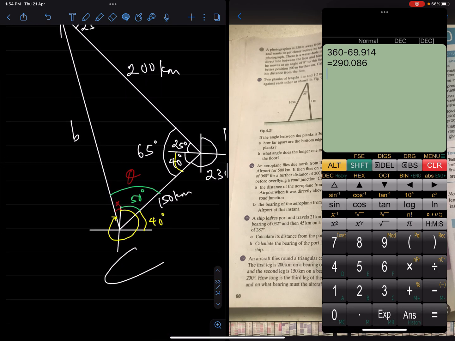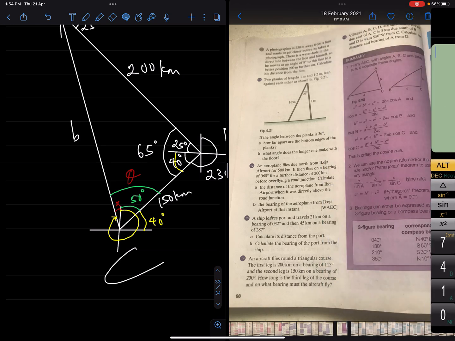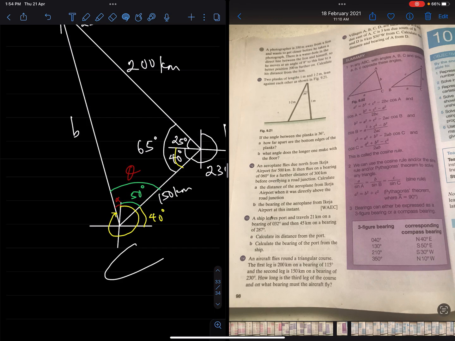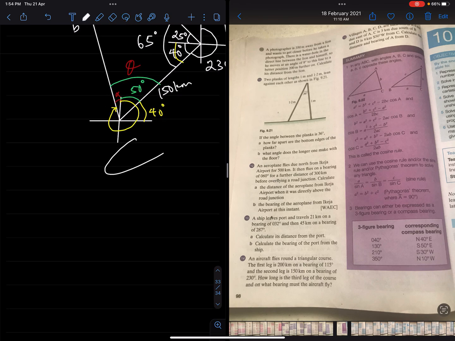Now, if I already know theta, theta is 69.914 degrees.